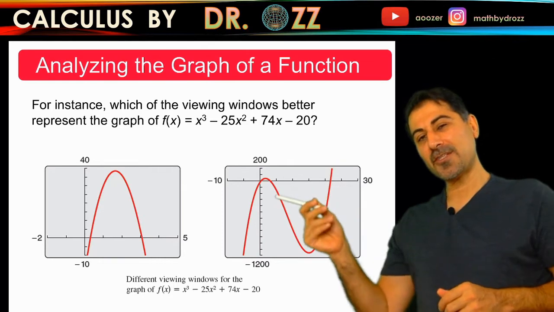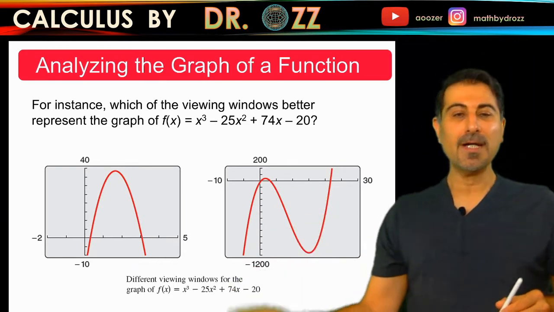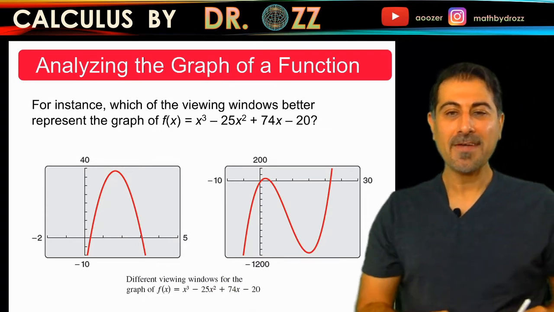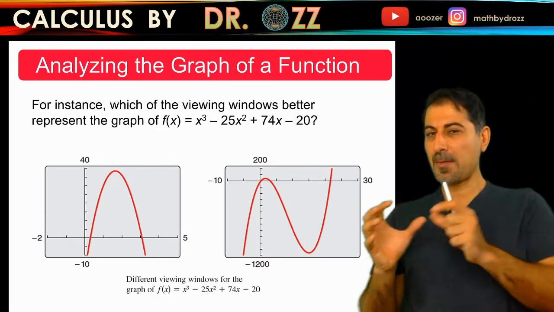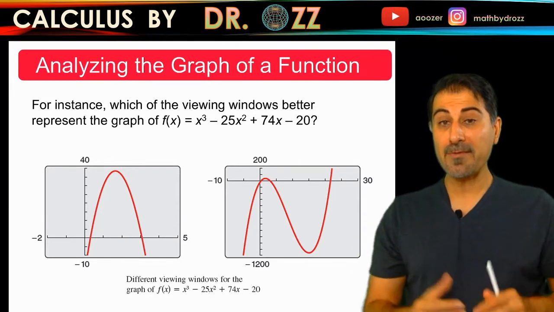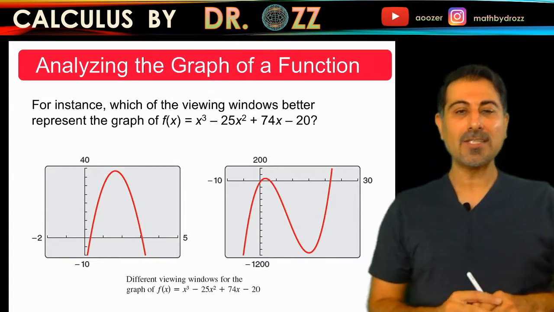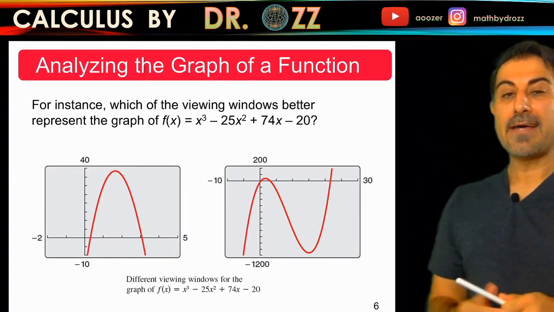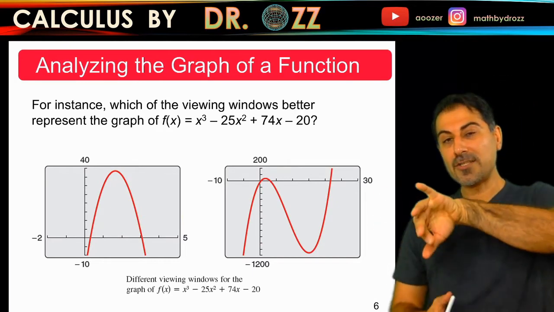So in the first graphical output, you see that x min is -2, x max is 5, and y min is -10, and y max is 40.